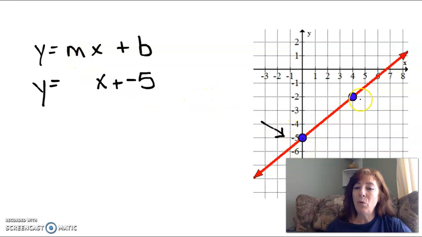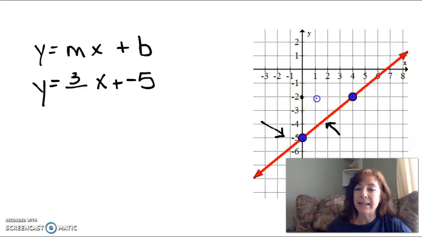I choose 2 points where the line touches the corners of the grid marks. See right here, it does not touch the corner of the grid mark, so that is not a good point to choose as we count our slope. We want to definitely know where the point begins. So if I start at -5, I go up 1, 2, 3. That's my rise. So my rise is 3. And now I go to the other point.